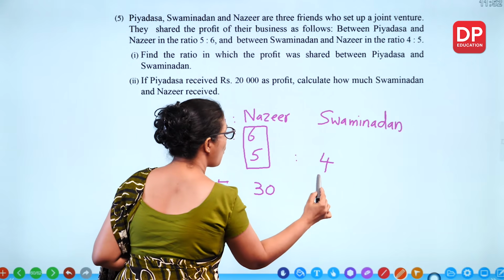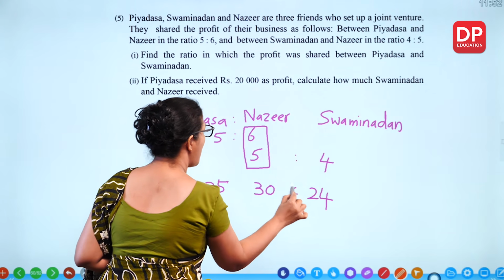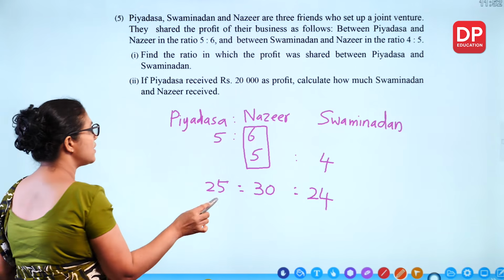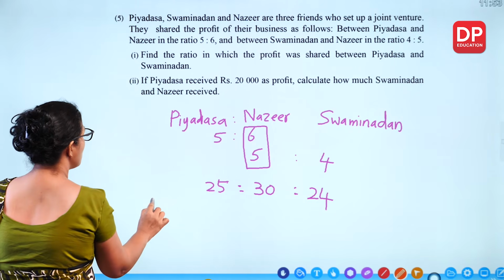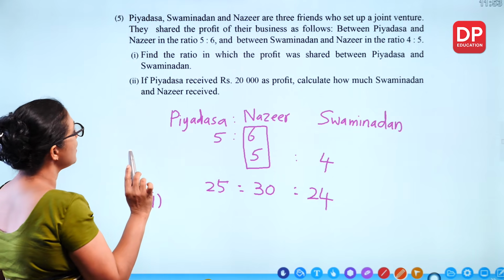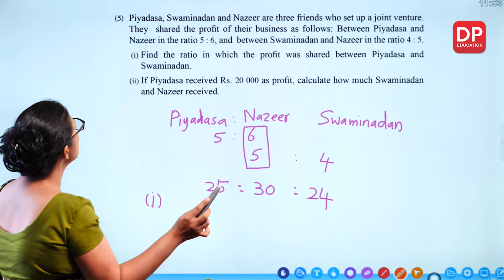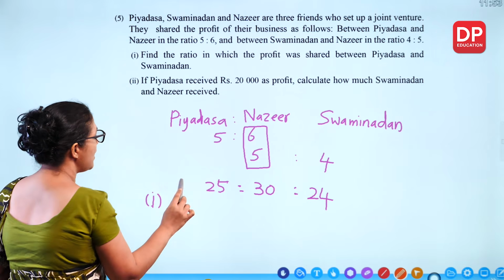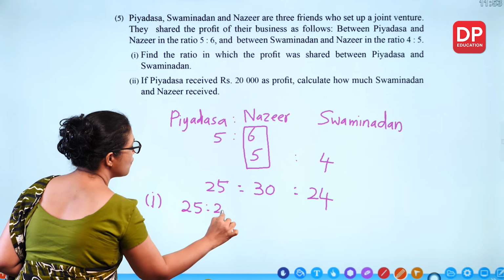So 6 times 4, 24. So the combined ratio is 25 to 30 to 24. So what's the ratio in which the profit was shared between Piyadasa and Swaminathan? That's 25 to 24.